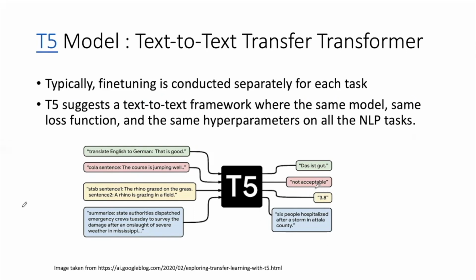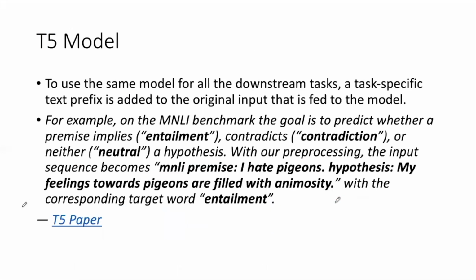Even if it's a real number, we treat it as a string and then try to predict it. If it's a class, we convert it to a string. If it is a sentence, that is anyway in the form of a string. So this is the formulation in which the T5 model is built.